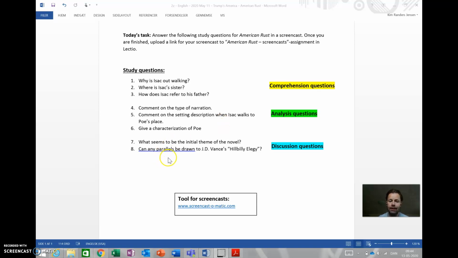And then you're asked, can any parallels be drawn to J.D. Vance's Hillbilly Elegy? And yes, of course, because what we're seeing here is basically what J.D. Vance was describing in his Hillbilly Elegy. He showed the social instability in the homes of the people living in these areas.